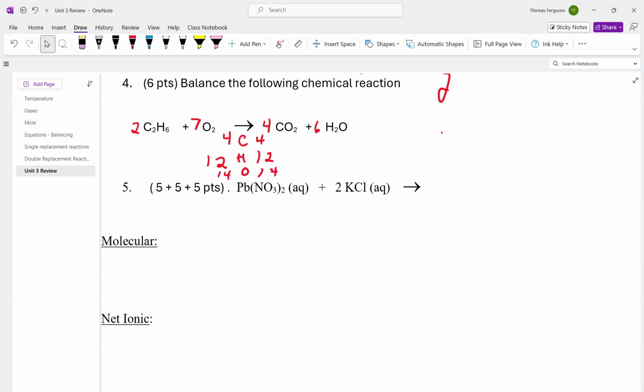Is this a single or double replacement reaction? Okay. Salt and salt. Double or single? Double. For single, you have to have a metal and a salt. Okay. So first thing, we're going to swap the cations. So the lead goes to the right, the potassium goes to the left.